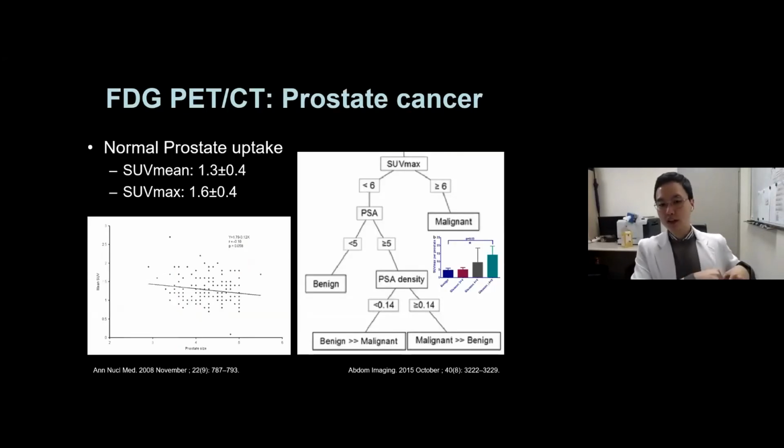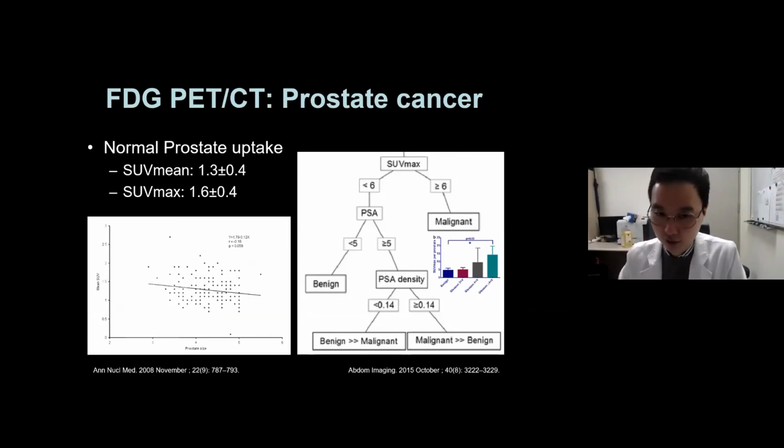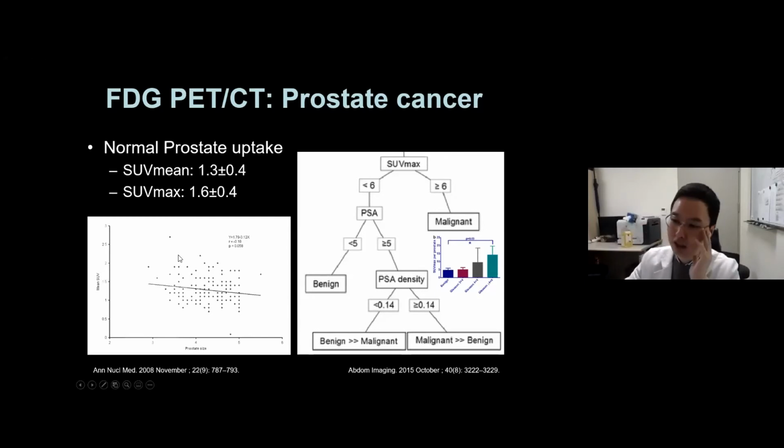So before studying how FDG PET is used for the evaluation of prostate cancer, we need to know what the normal uptake SUV in the prostate is. One report showed that the mean SUV in the prostate was 1.3 and the average SUV max was 1.6.